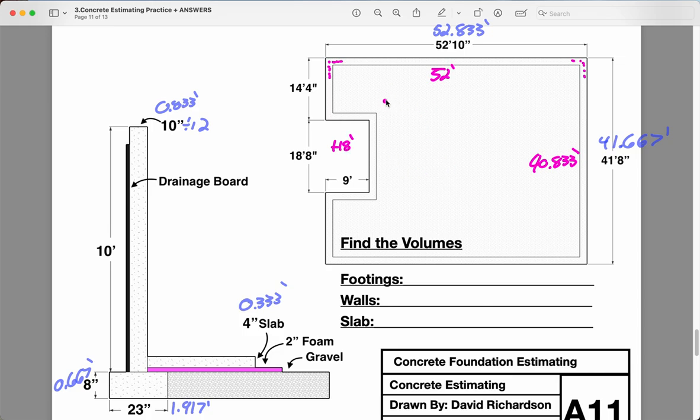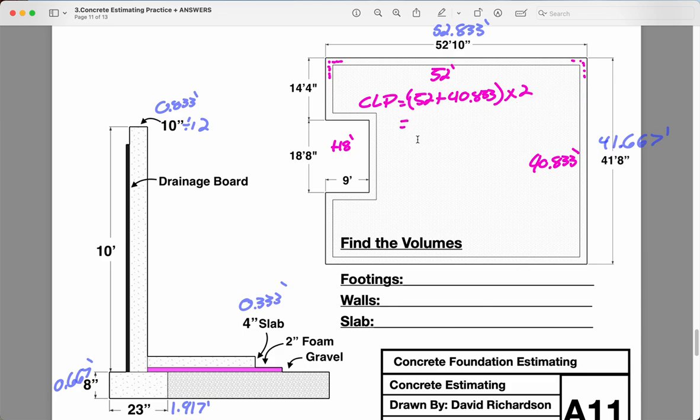Then we said we're going to go plus 18 feet. So the center line perimeter is equal to 52 plus 40.833, and instead of doing that twice, we're just going to go times 2, because we have it on the top and the bottom, and the left and the right.